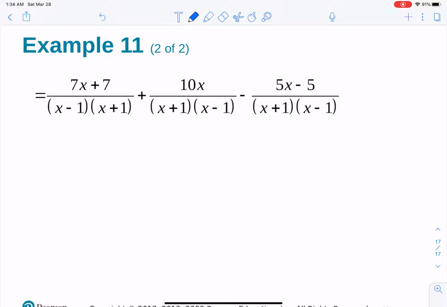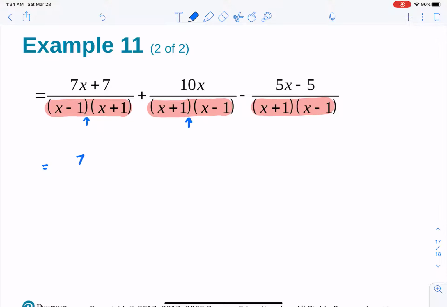This problem might seem complicated, but in fact it is not. We have x minus 1 times x plus 1, x plus 1 times x minus 1. 2 times 3 is the same as 3 times 2. So x minus 1 times x plus 1 is the same as x plus 1 times x minus 1.